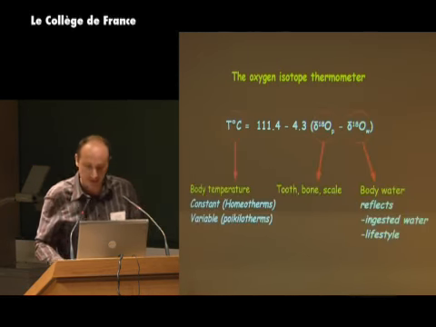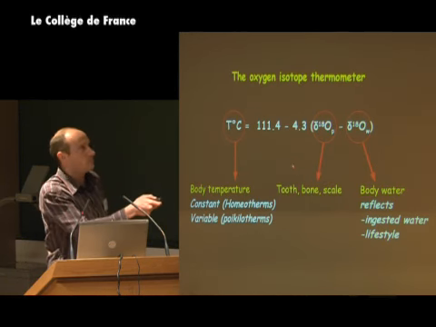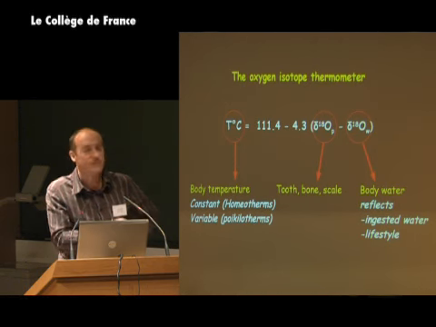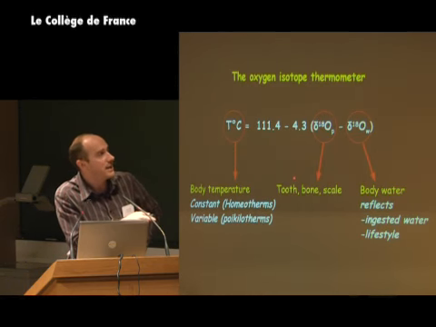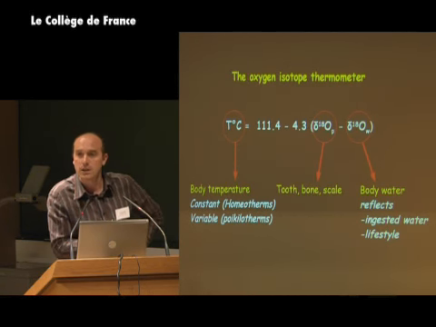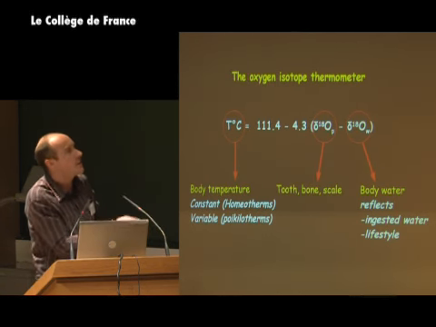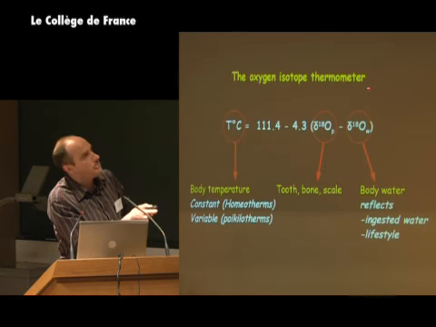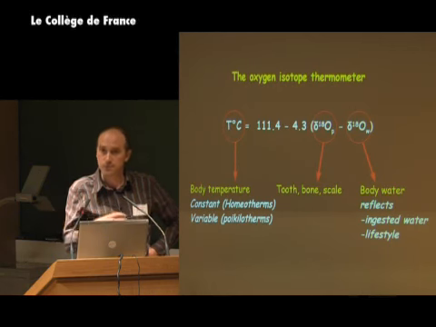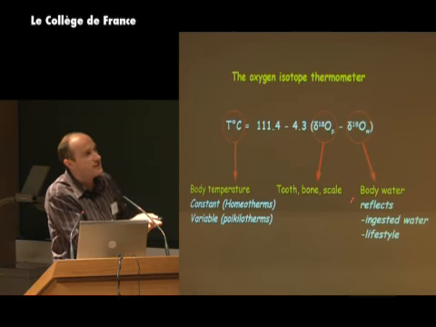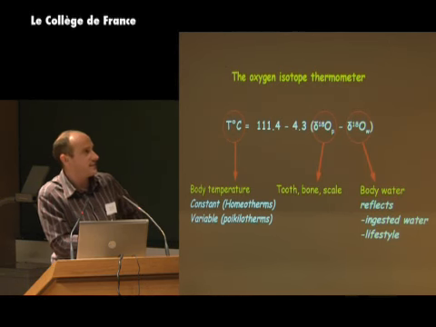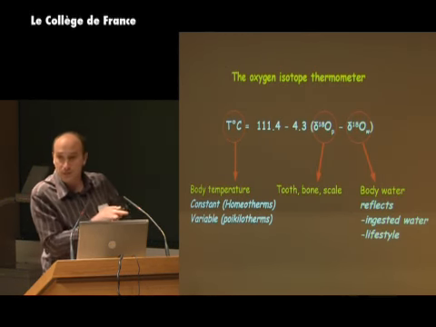If we apply it to vertebrates, the delta 18O value of phosphate that makes up teeth, bones, and scales for some fish will depend on the delta 18O values of the body water from which it precipitates, which reflects, of course, ingested water and some life traits of the animal, and also body temperature.